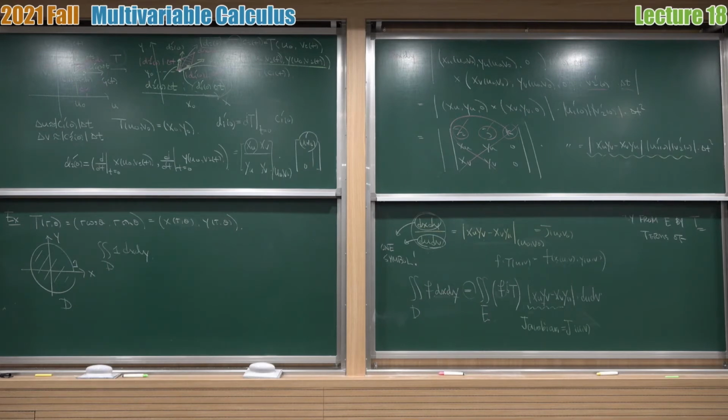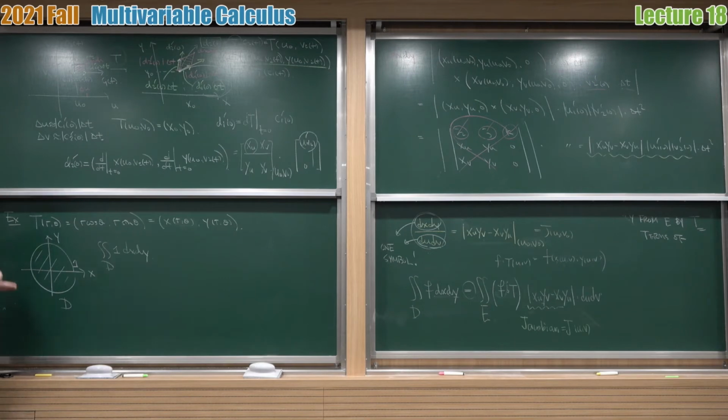So the volume is the same as the area of the disk. And we know the answer should be pi. But without that knowledge, how would you compute this?